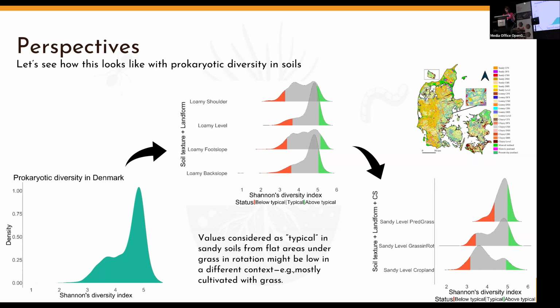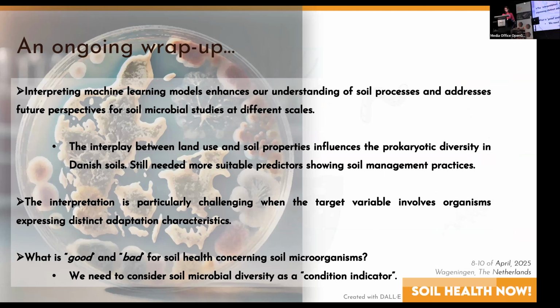Values considered, for example, as typical in sandy soils in flat areas, under grass in rotation, might be low in a different context. So it's important to see how this can work with the prokaryotic diversity, but other indicators as well.